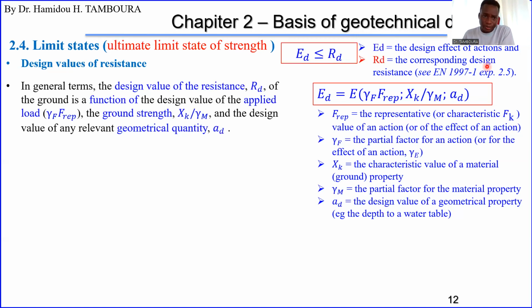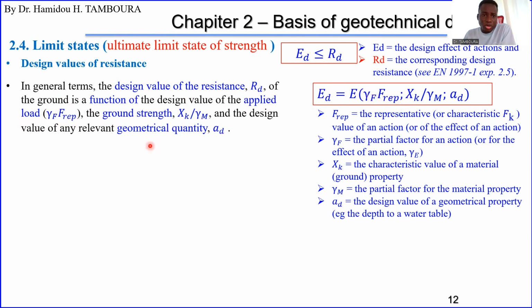So this design resistance in general will be a function of the applied force, applied load, applied action if you want, as we see, this gamma F multiplied by F representative here.